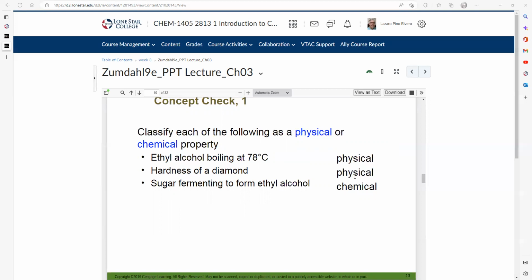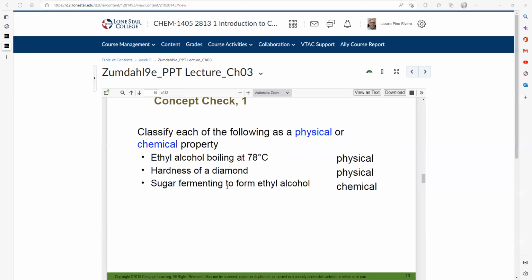Hardness of diamond is also physical because you can measure the hardness of the diamond, and maybe it can be broken, but it continues being diamond. What changes is the form, the shape.